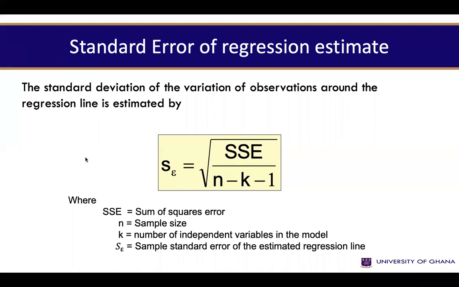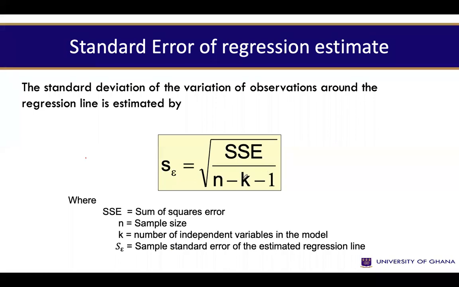If you don't calculate it, you find a way to get it. In an exam, you would be given a way to calculate it, divided by n. N here is the sample size. K here is the number of independent variables.